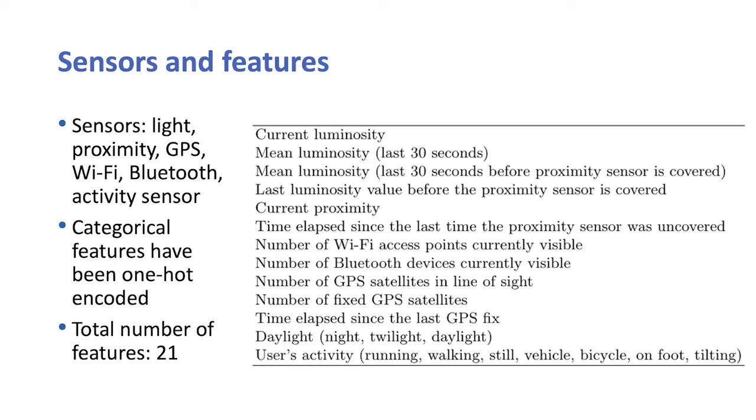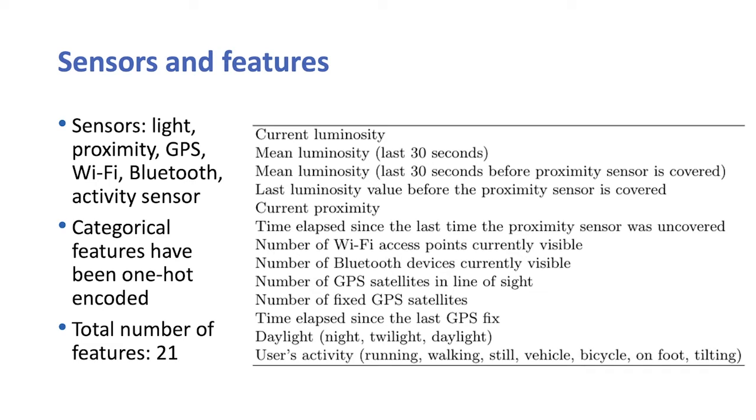The GPS unit is useful because indoors the signal received from satellites is generally weaker. Similarly, in indoor environments, Wi-Fi and Bluetooth signals are different from the outdoor ones. In this case, they are generally more abundant and stronger.